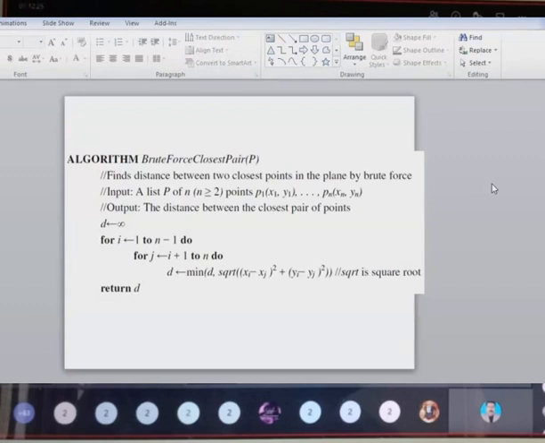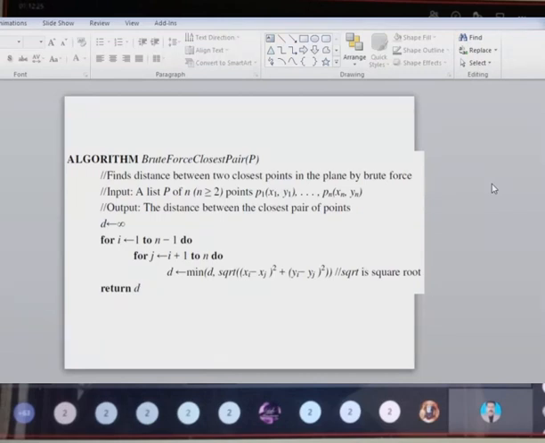Now, how many summations do we need to write here? Two, because we have two for loops in the pseudocode. If we have two for loops, two summations, what will be the time analysis?